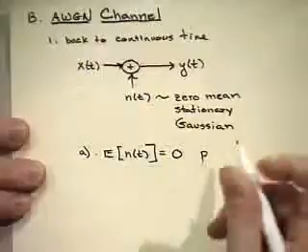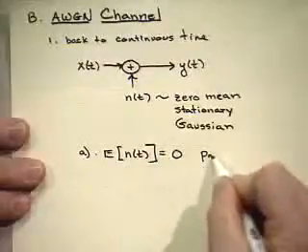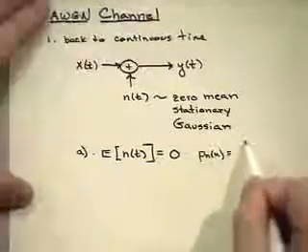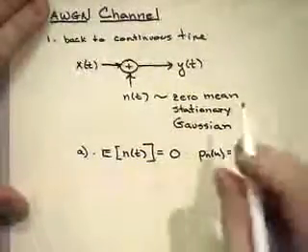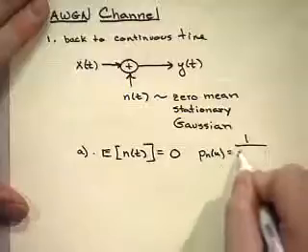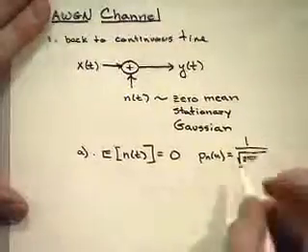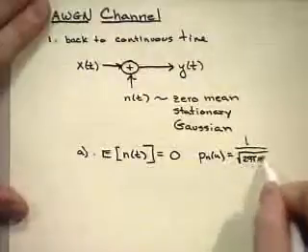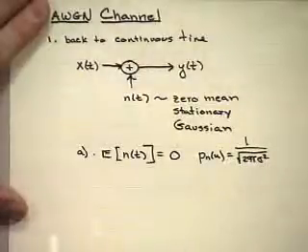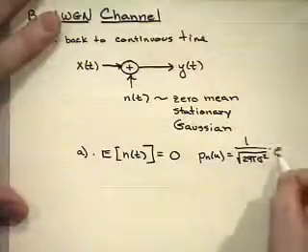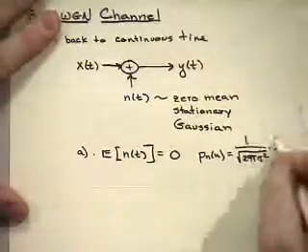The probability distribution, that Gaussian distribution, in case you've forgotten from your probability classes, looks something like this. If the Gaussian random variable is real, then you're going to get 1 over square root of 2 pi sigma squared. It turns out that parameter is the variance of the noise if you actually do the integral for the variance.